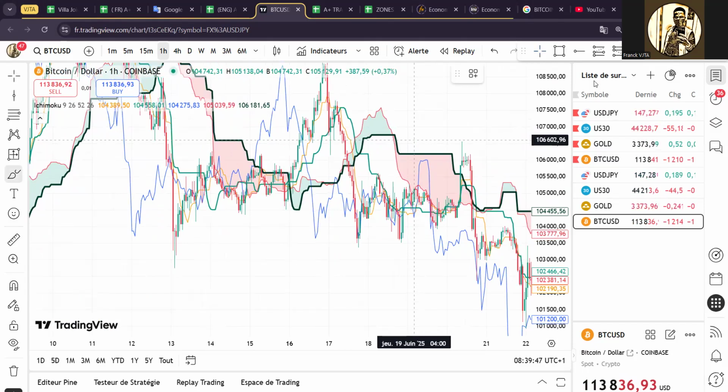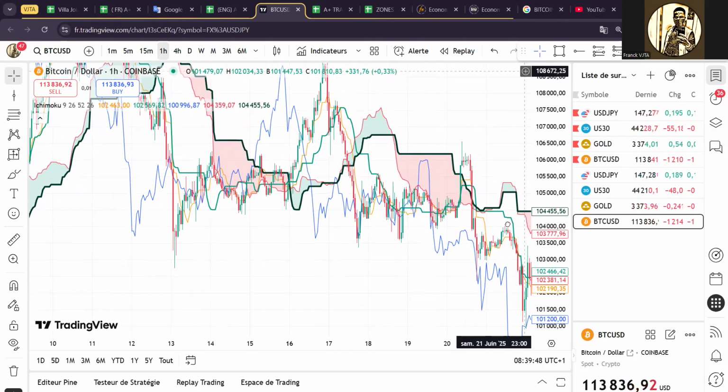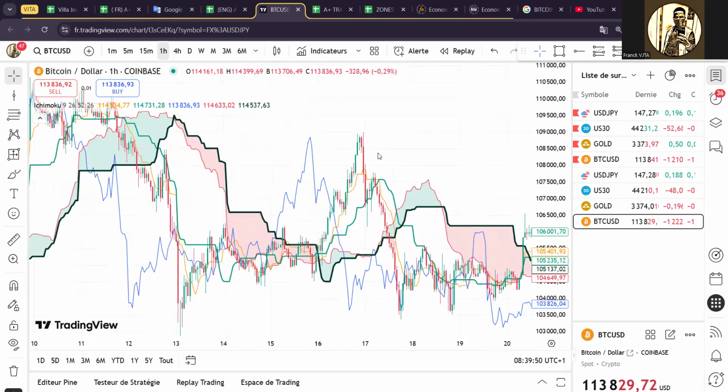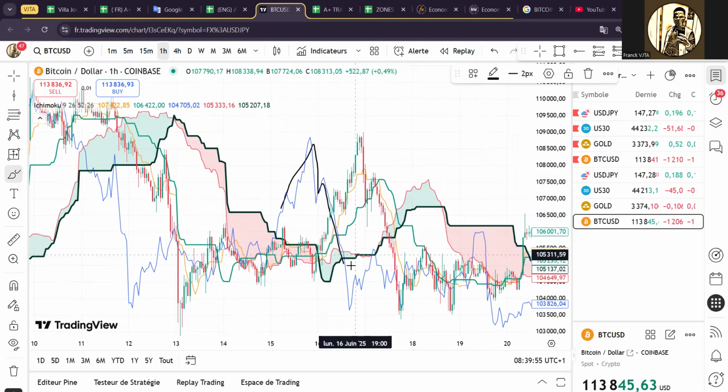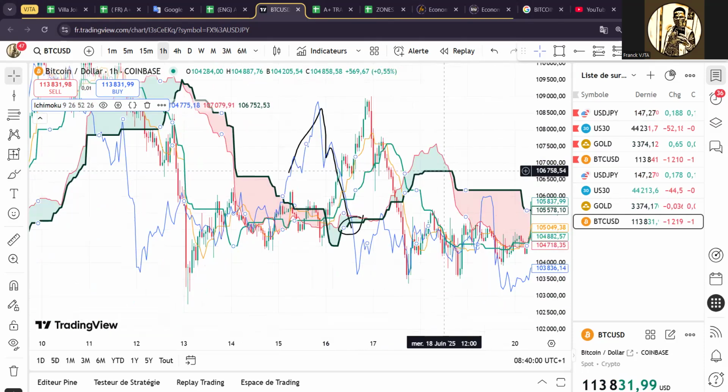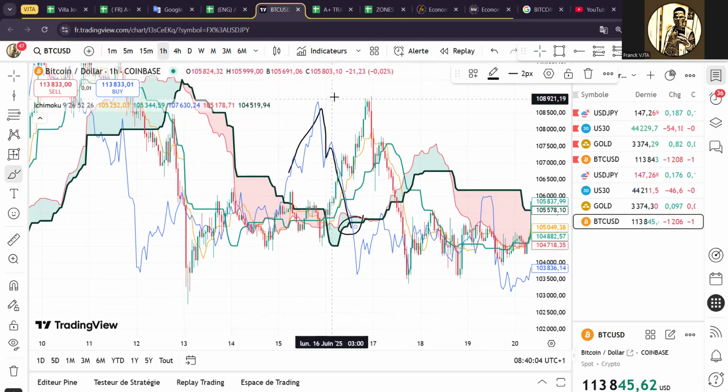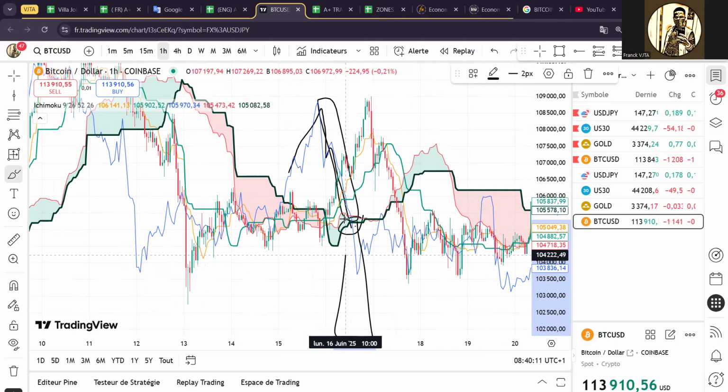So at this point, Chikou was above the cloud like this, and then the price started going down, going down, going down. As soon as Chikou crosses SSB, don't expect the price to move for the same length again. No. At a certain point, it will start retracing.